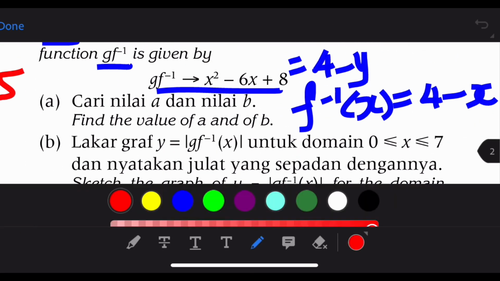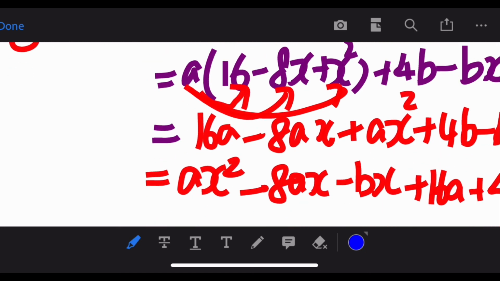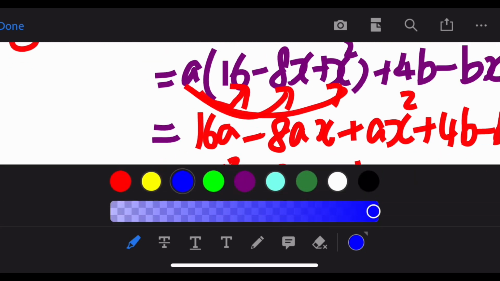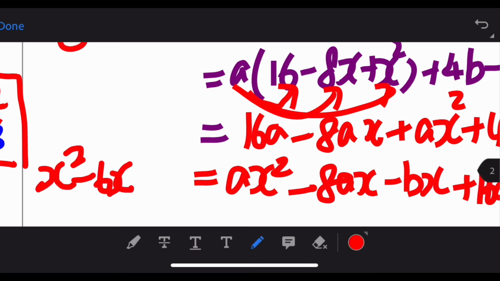Can you see that? I'm going to write down for you here: x squared minus 6x plus 8.